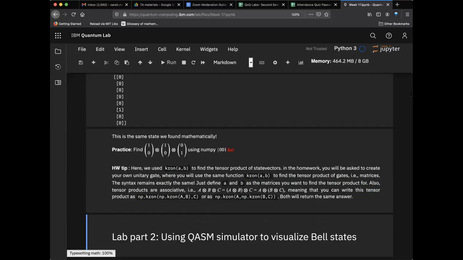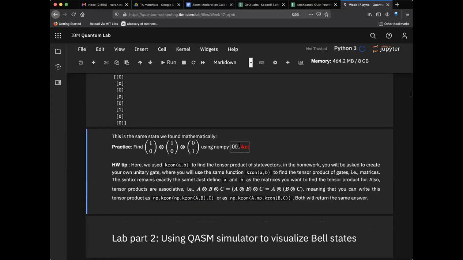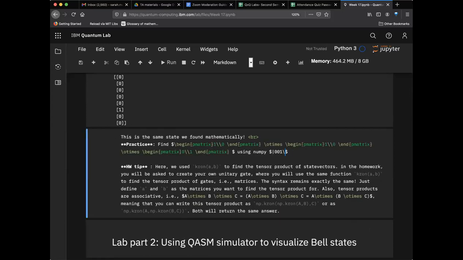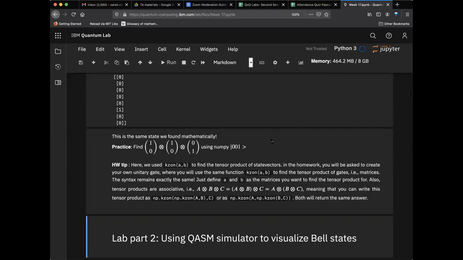This is not using standard notation, but that is the state we're doing. And I want you to do the Kronecker product operation for this 3-qubit state, and then send it in the chat.